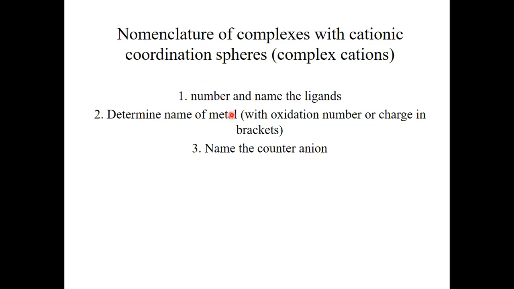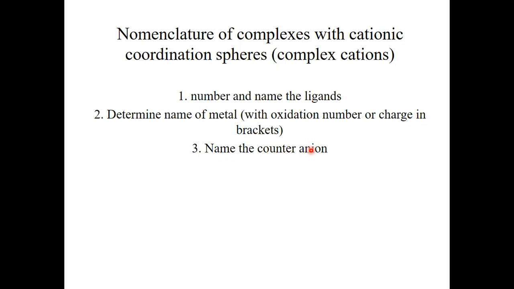And you then place either the oxidation number or the charge in brackets or in parentheses, depending on whether you use the Stock system or the Ewing-Bassett system. That names the complex cation, and after that you name the counter anion, whereby again you do not count the number of the counter anions that are there.